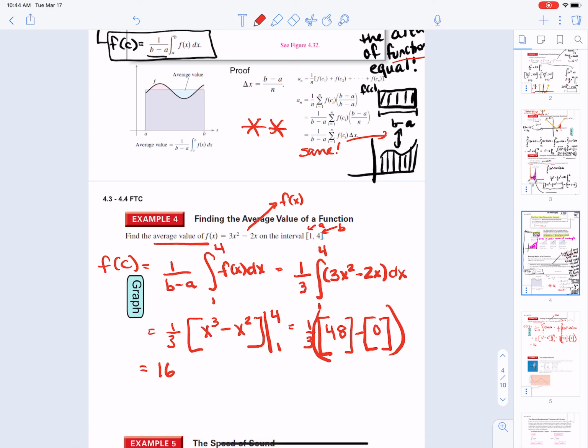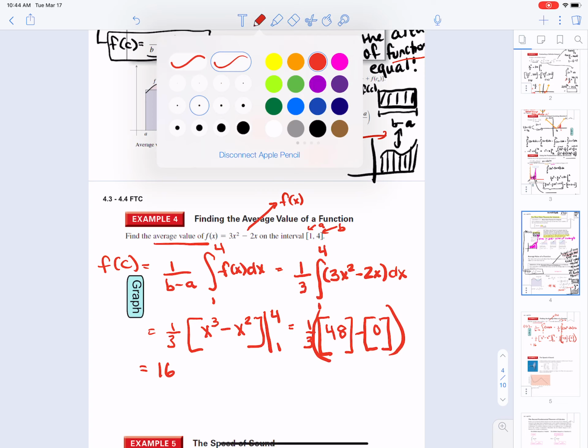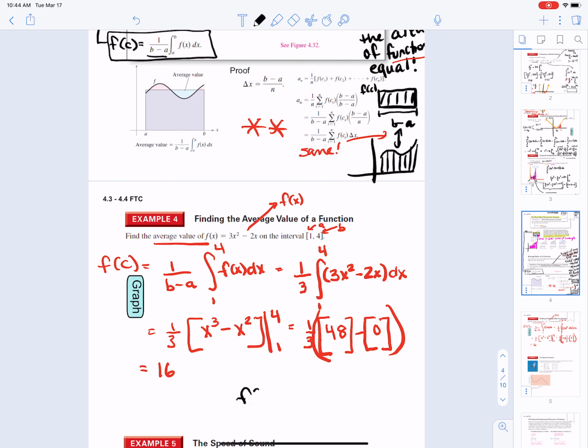So the height of the rectangle needs to be 16, so that f of c times b minus a, that would be the rectangle, is equal to, whoops, the integral from 1 to 4 of f of x dx.